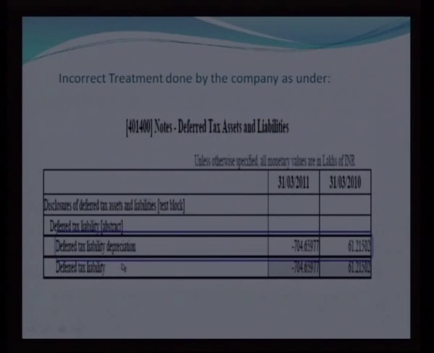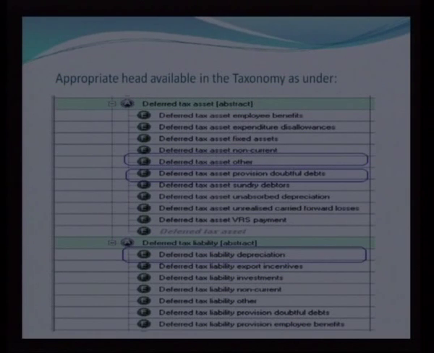Now in the XBRL tagging, the company has selected deferred tax liability on depreciation. The entire amount was tagged in deferred tax liability depreciation. And what were the appropriate tags available? There was deferred tax liability on assets and others, deferred tax liability asset provision on doubtful debts, and then deferred tax liability on depreciation.